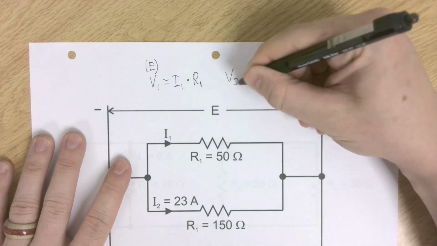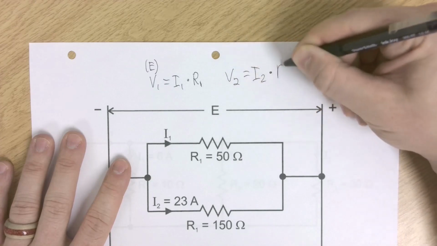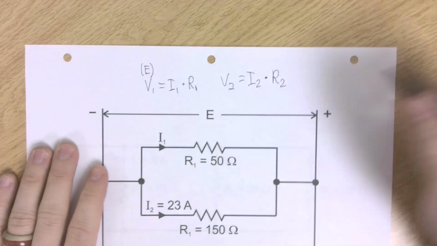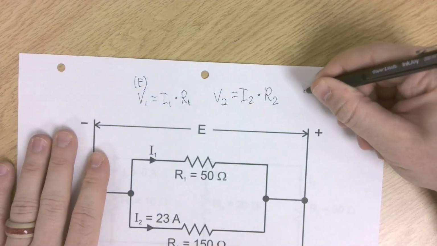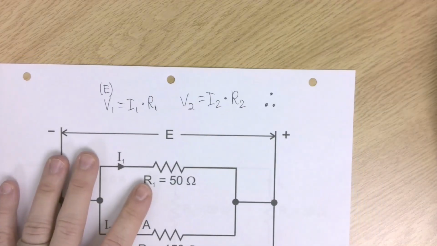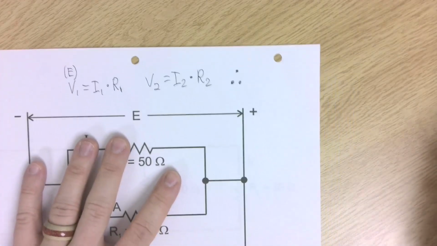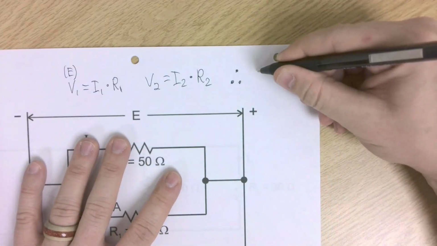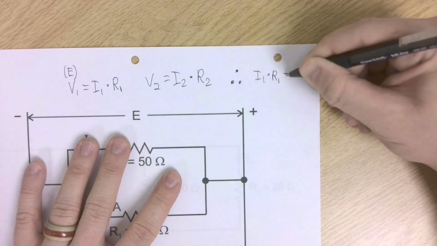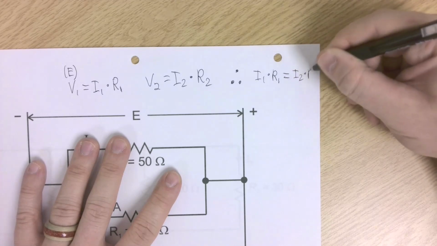Then V2 is going to be equal to I2 times R2, which also means, and this is the symbol for therefore in mathematics, just to save ourselves writing, I guess, so therefore, I1 times R1 is going to be equal to I2 times R2.